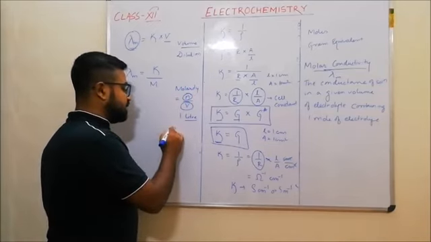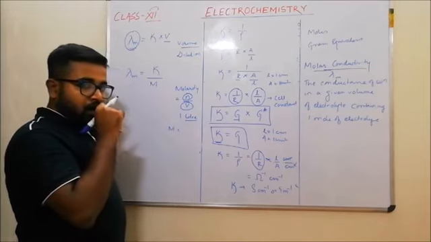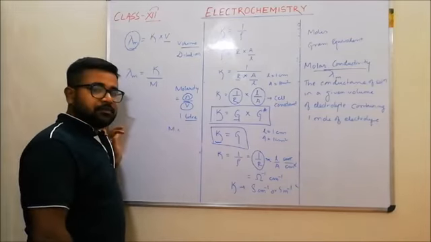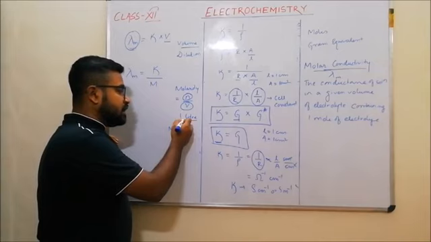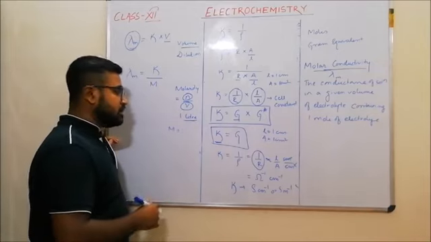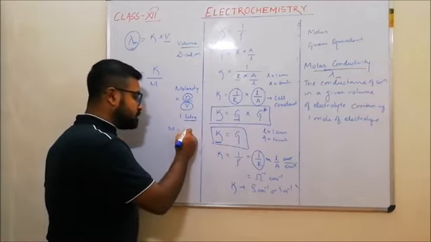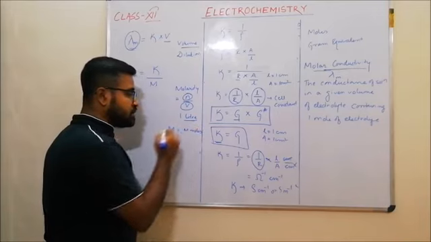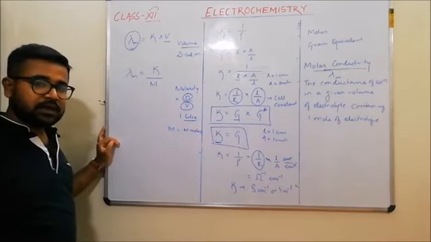Suppose the molarity is capital M. So what is the number of moles when 1 liter of solution is there? It means M moles. Clear?